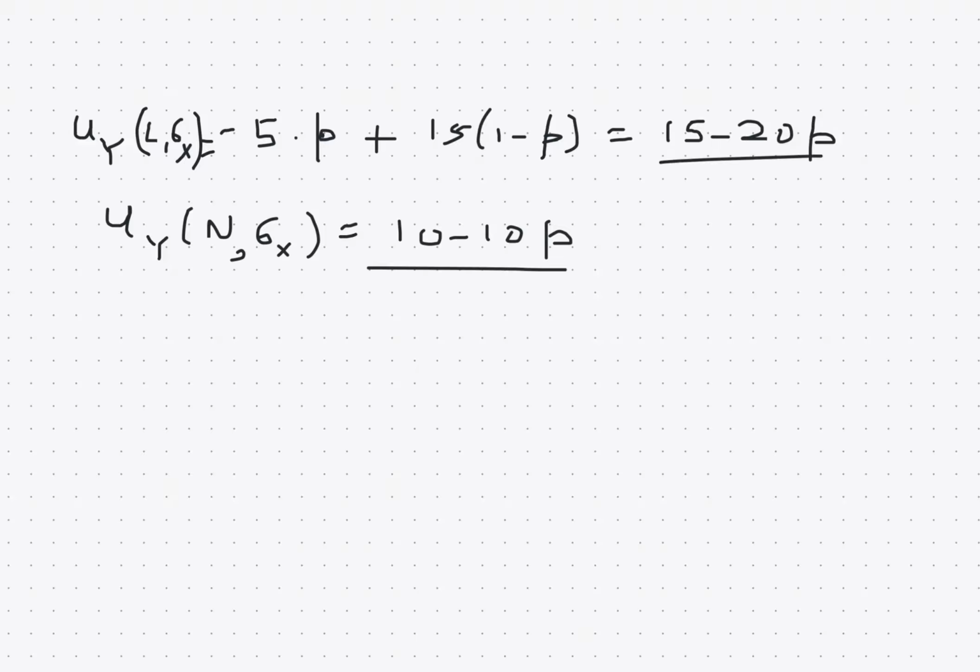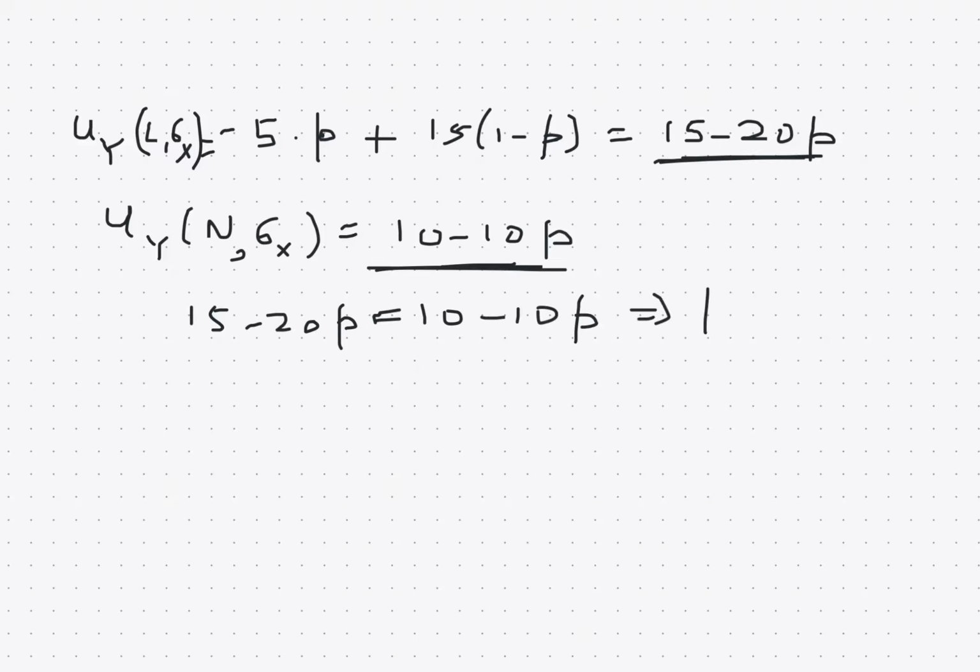All right, so next, firm Y is indifferent between its two strategies, right? And therefore it's willing to randomize if this expected payoff is the same as this. So we can set them equal. So 15 minus 20P is equal to 10 minus 10P. You have to solve for P now.